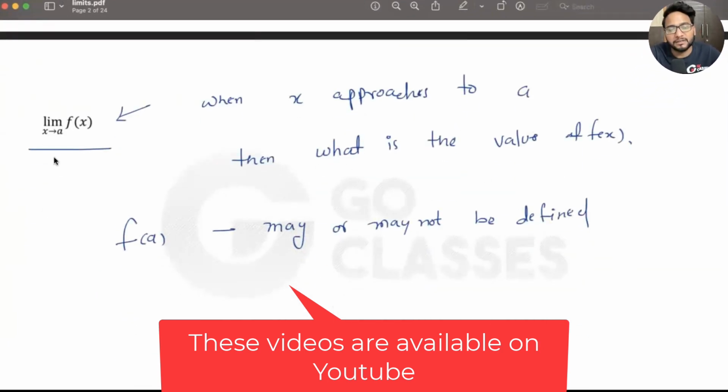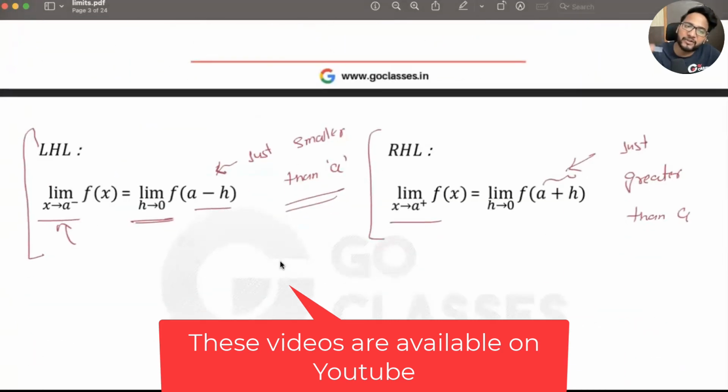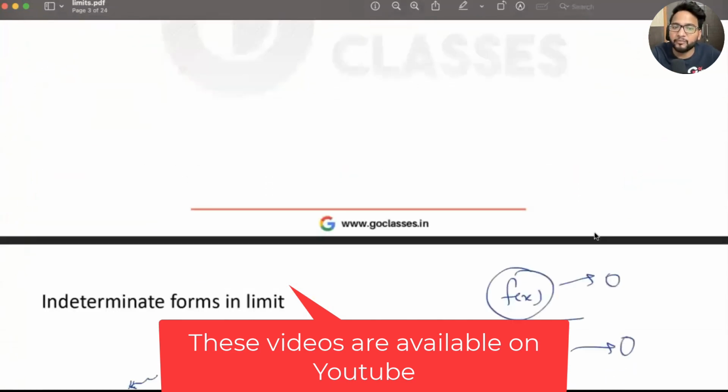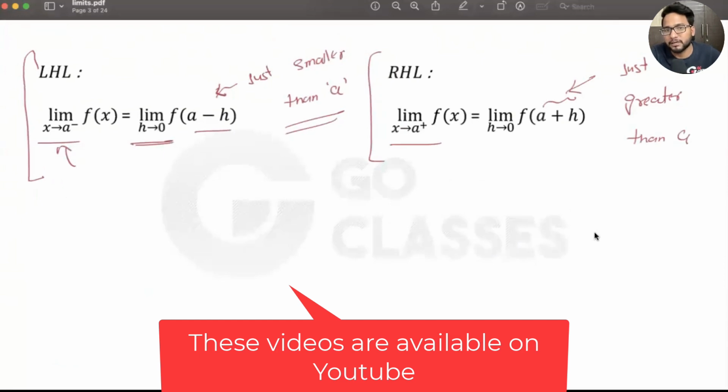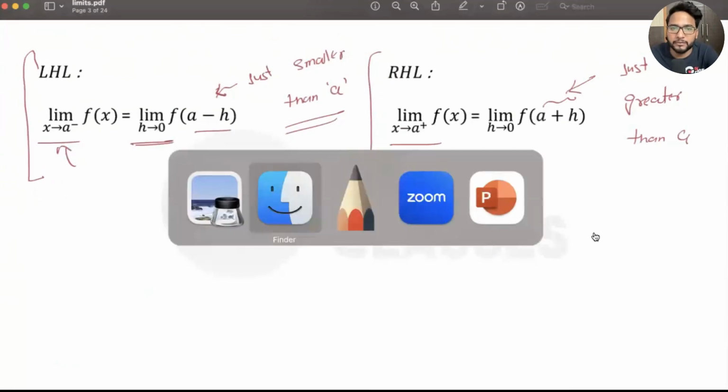This is the mathematical notation of limit. f(a) may or may not be defined, but I can say the left hand limit is something like this. If we are approaching from the left, this is called the left hand limit. If you're approaching from the right, this is called the right hand limit. And if both are equal, then you will say the limit exists.